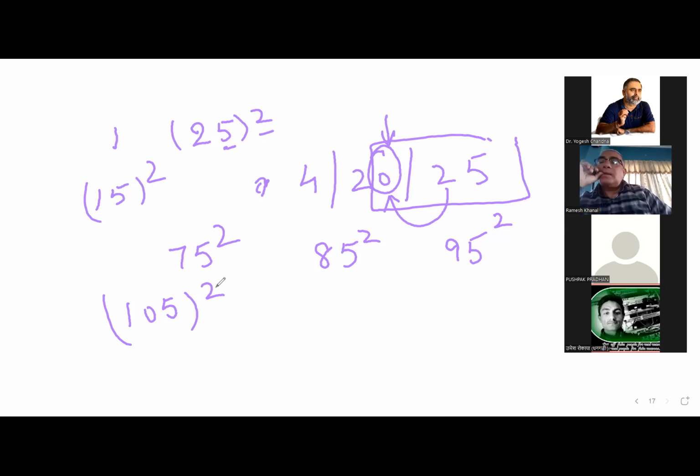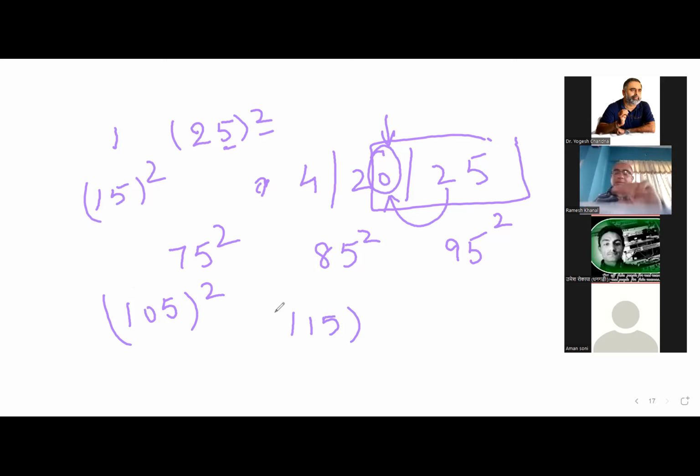Others are getting it or not? Shivani, you are not answering. Umesh, pending. Karthik, pending. Any doubt? 105 square done, sir. There is no doubt. 115. Now this should come because yesterday only we did 12 into 11.